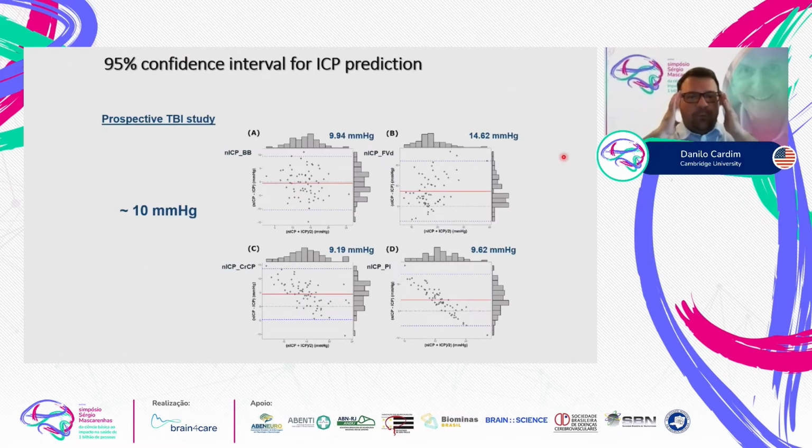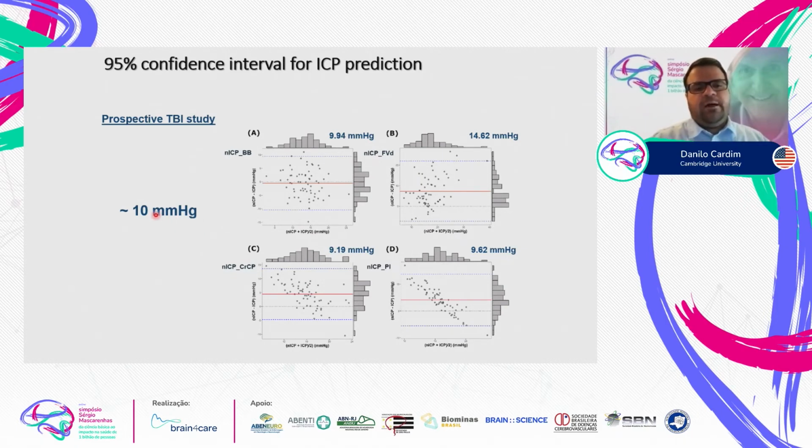So here, for example, we have the Bland-Altman plots that provide us with the 95% confidence interval for prediction for all of these methods I talked about. And overall, we can see that they present with plus minus 10 millimeters of mercury of error in the measurement compared to invasive ICP.